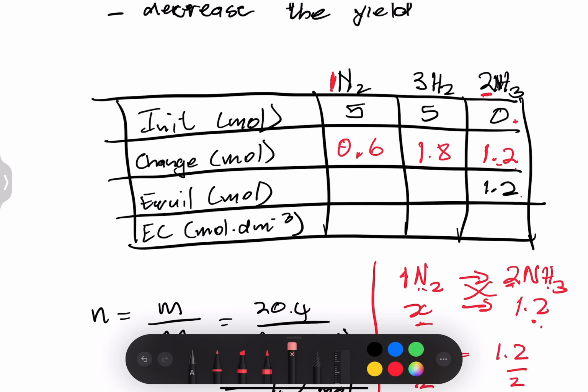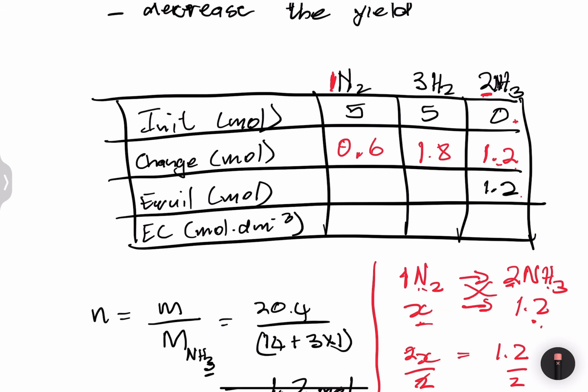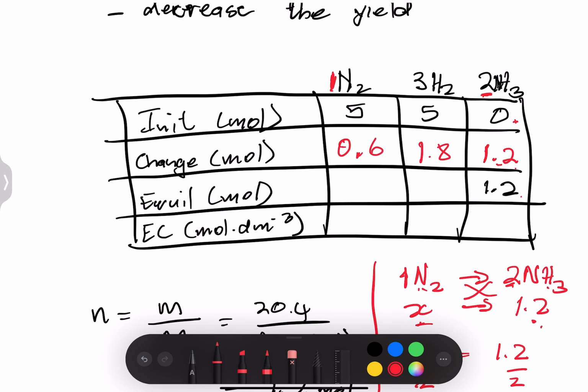So then nitrogen, remember, that's our reactant, right? It means I started with 5 moles and I used, remember, you use reactants to form products, so I used 0.6. What do I have at equilibrium? In that case, the amount of nitrogen would be 4.4.